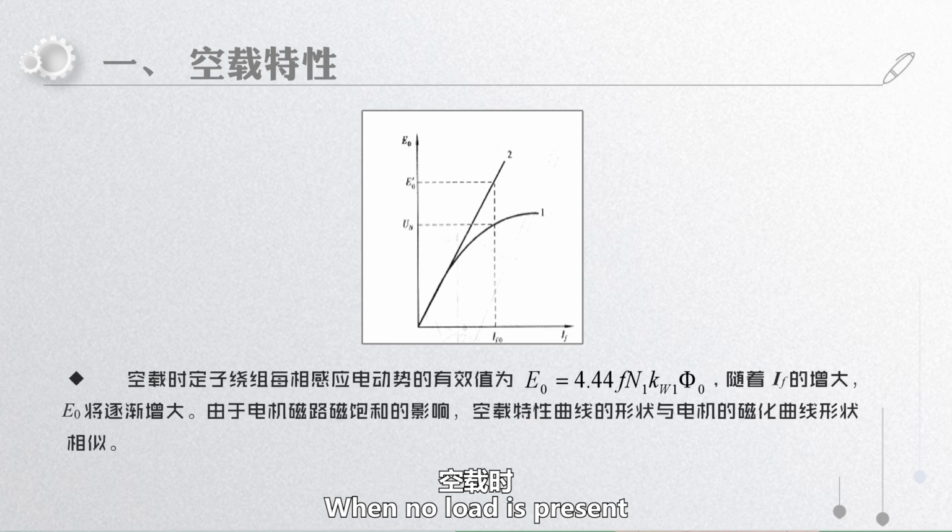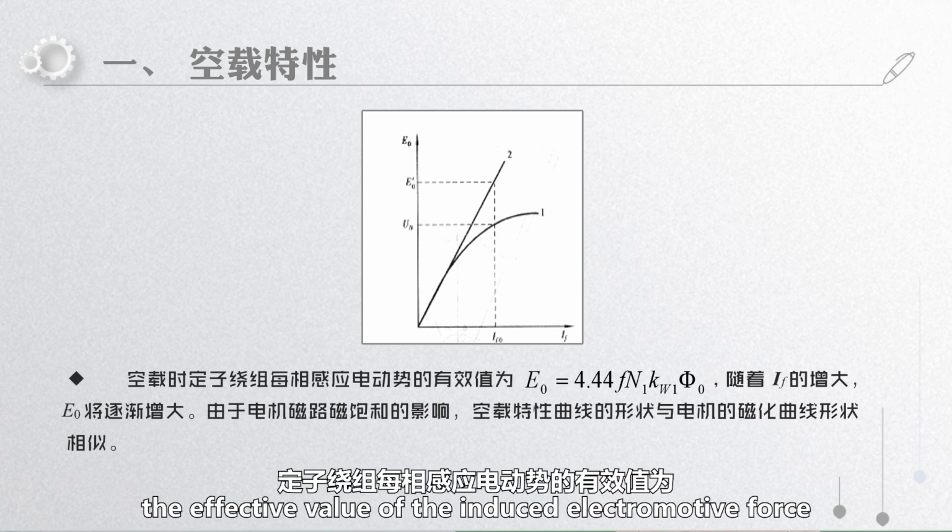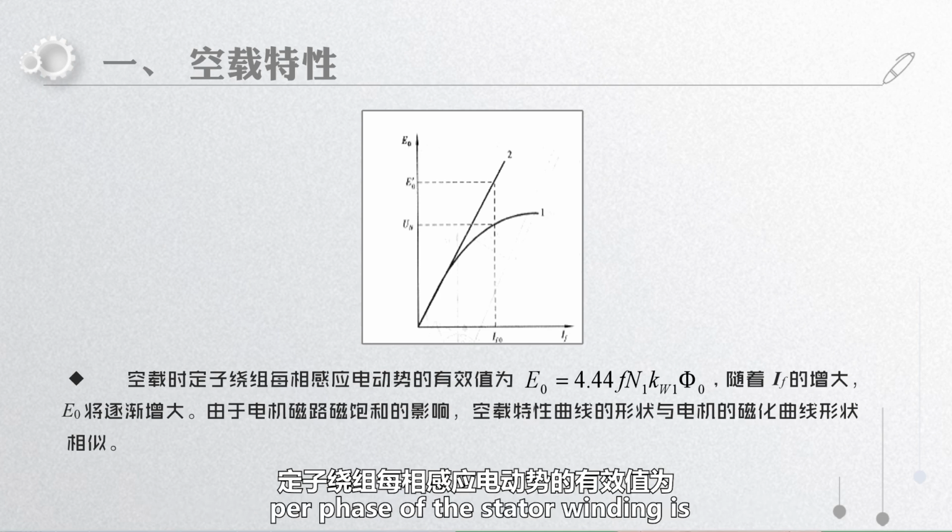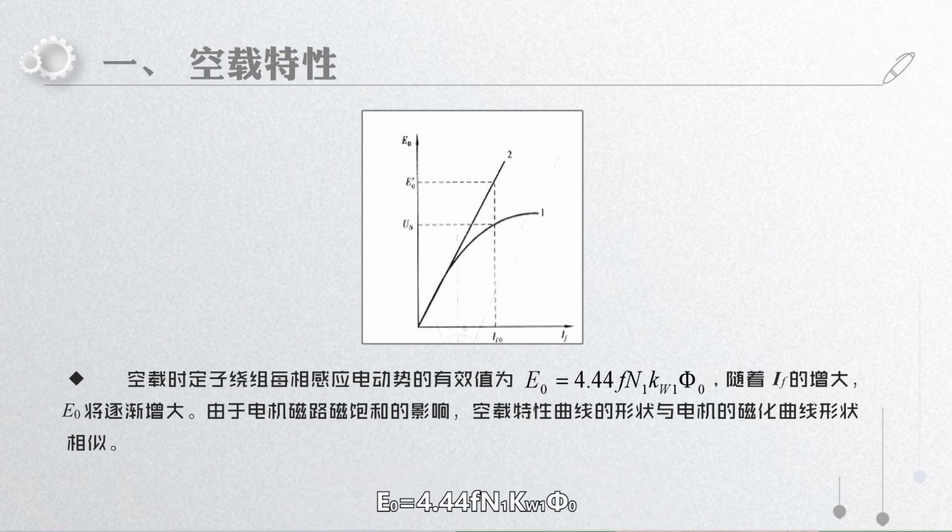When no load is present, the effective value of the induced electromotive force per phase of the stator winding is E0 equals 4.44 times f times N1 times kW1 times Φ0.